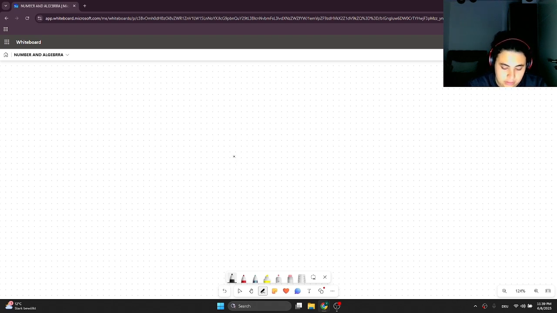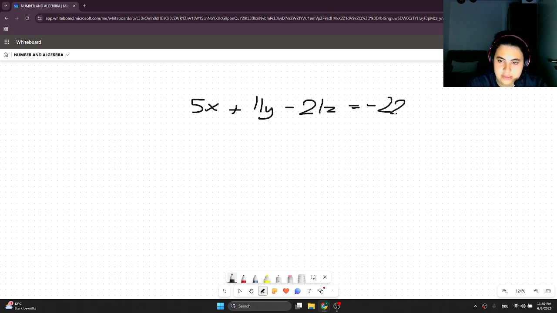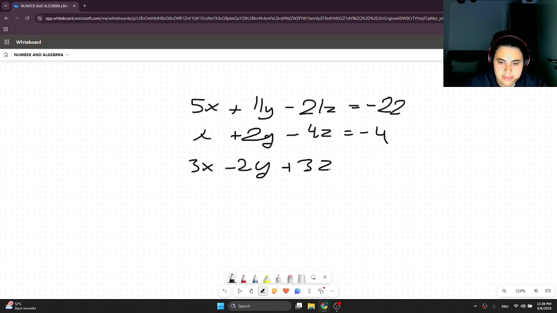First of all, let's write down our simultaneous equations. We have 5x plus 11y minus 21z is equal to negative 22. Then we have x plus 2y minus 4z is equal to negative 4, and then 3x minus 2y plus 3z is equal to 11.